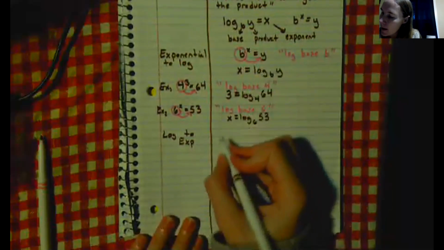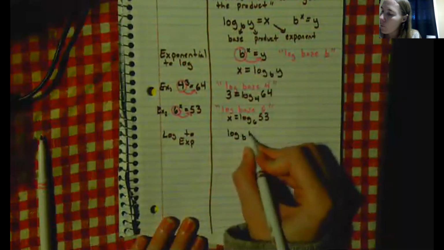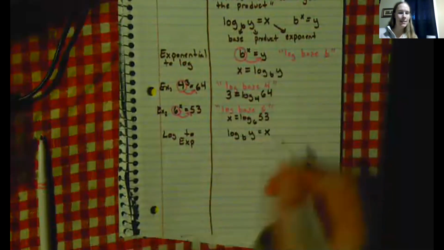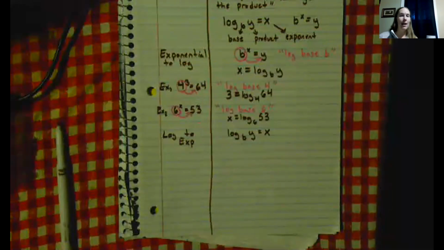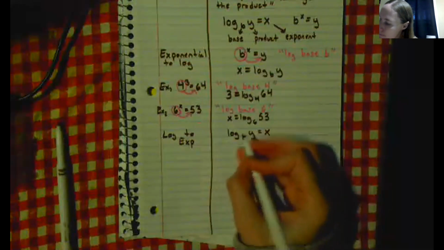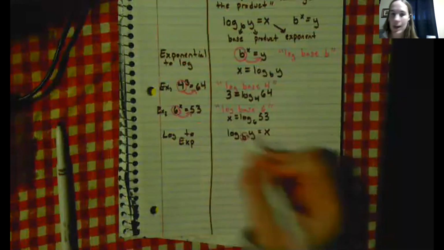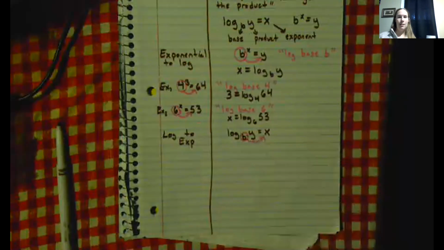So in general, I have log base b of y equals x. That's our general form. Well, we start with the same sort of thing. We identify our base. So our base is at our bottom, or our little number. So I have base b, and we're going to move it to the other side.